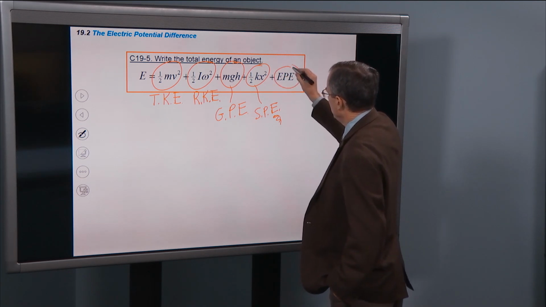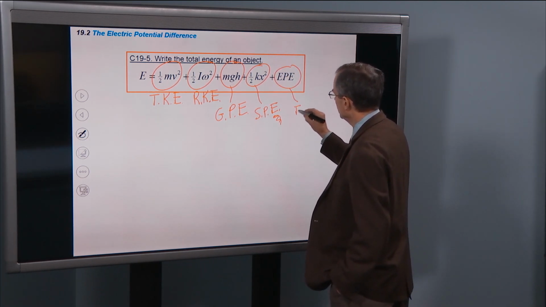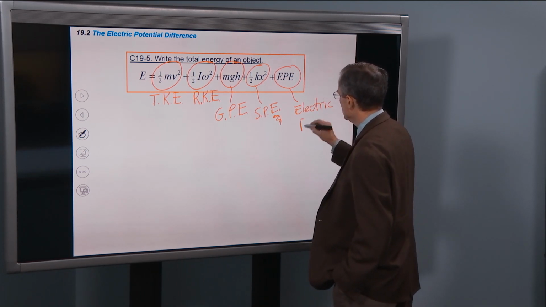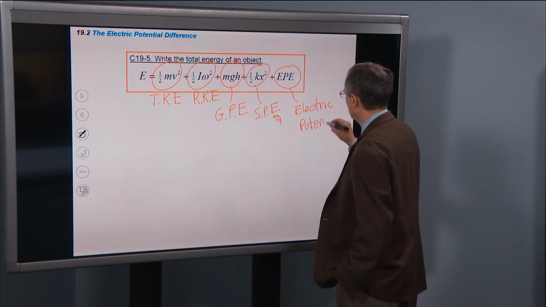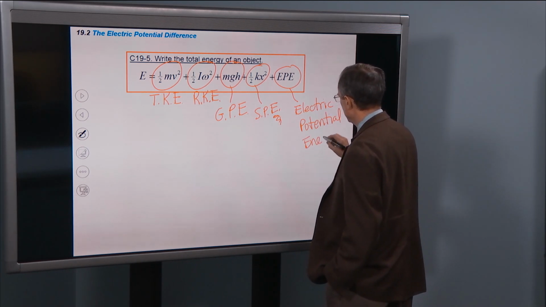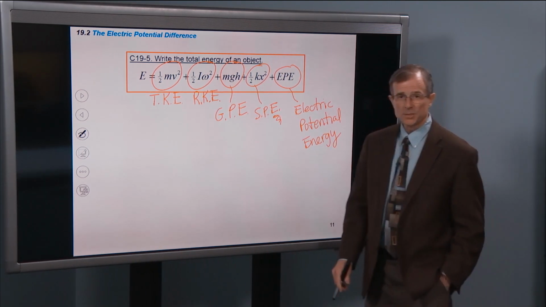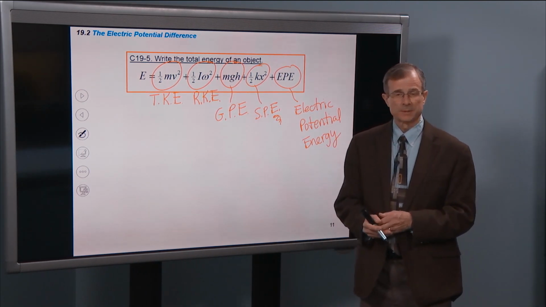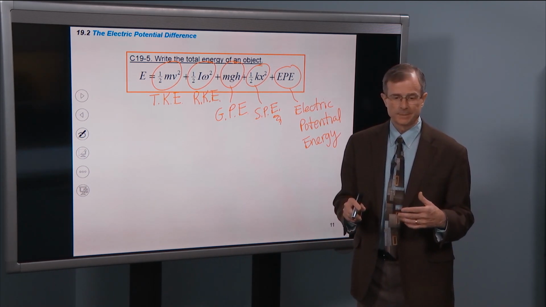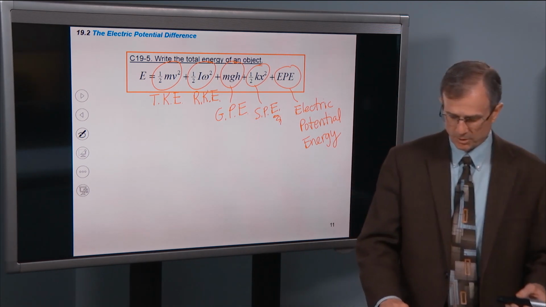And then finally, the electric potential energy. So you can now solve problems with a lot of different things going on. A coiled spring, you can have gravity, you can have electric force, etc. So you can do a lot.